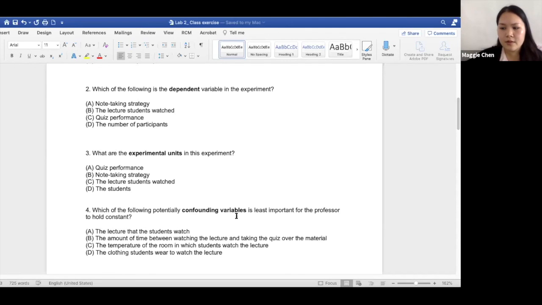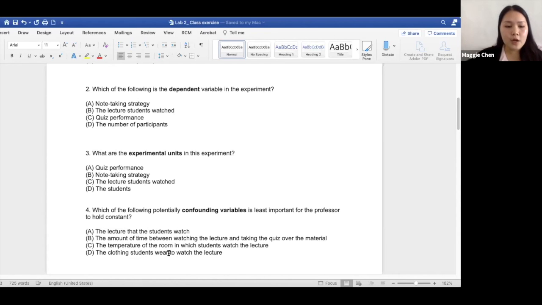And so if we were trying to hold certain variables constant and we're looking at these 4 different variables, which would be the least important for us to worry about? For A, the lecture the students watch. B, the amount of time between watching the lecture and taking the quiz over the material. C, the temperature of the room in which students watch the lecture. Or D, the clothing students wear to watch the lecture.